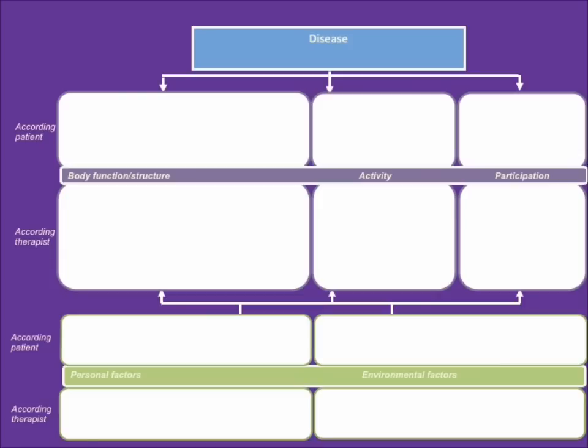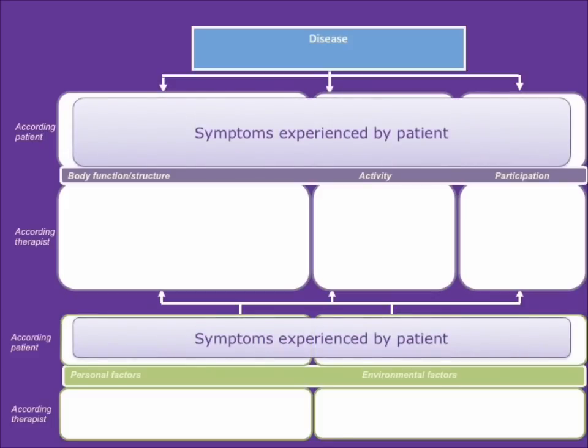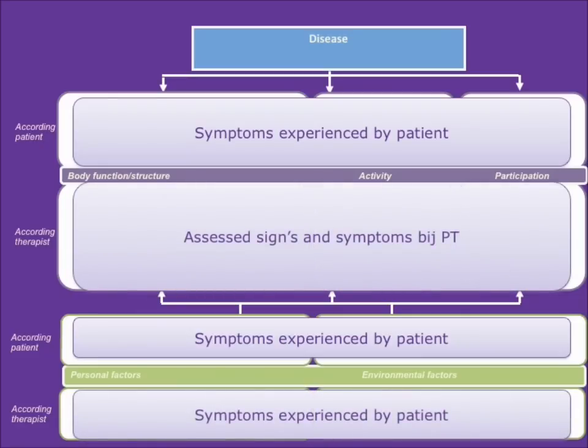So in the top beam of the different domains, you describe the experienced symptoms of the patient, and in the bottom beam of the domains, you document the objectification of the symptoms or the signs by means of the applied measurement equipment.